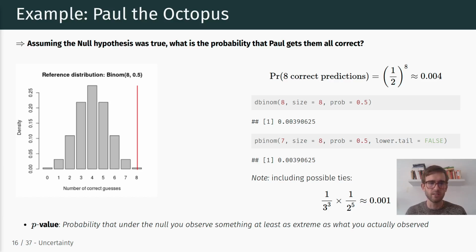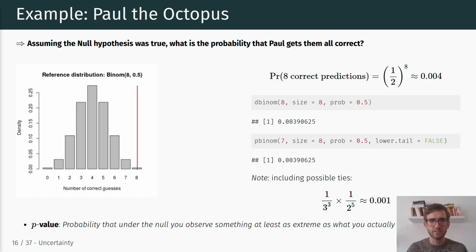In our case, 8 successes out of 8 predictions, okay? And we see here, under the null, where the probability of a correct prediction is 0.5, that probability is incredibly small. It's 0.004 if we don't include ties, or 0.001 if we do include ties in the first round, or in the group stage of the World Cup.